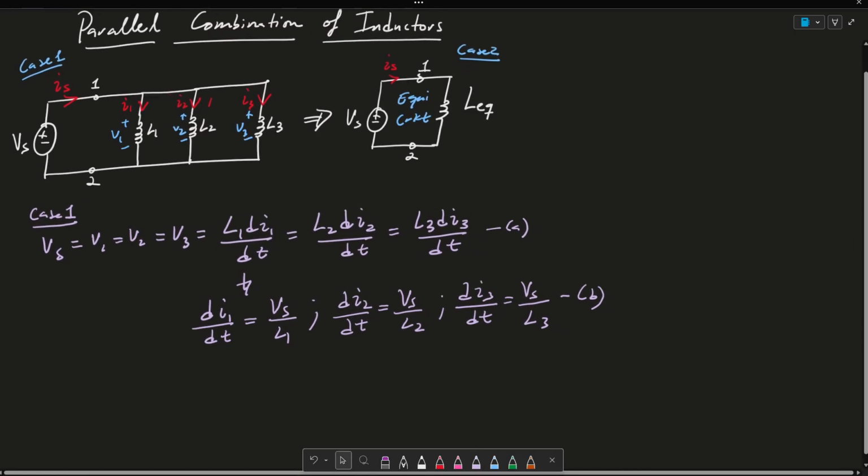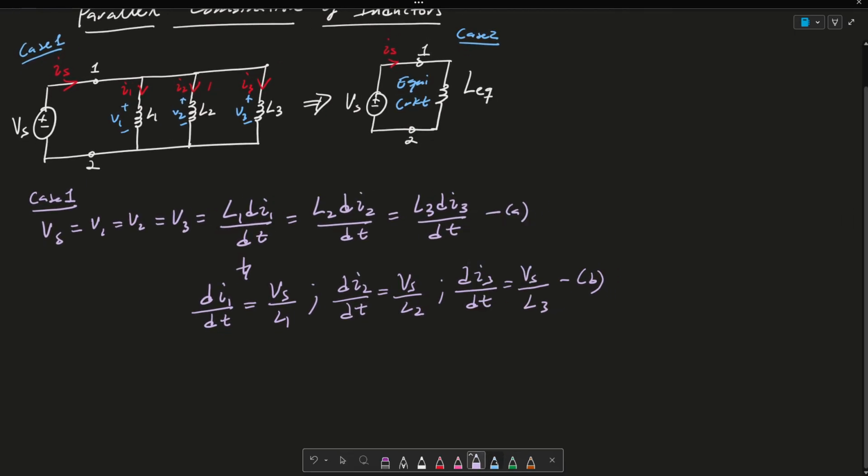Okay. So another thing I want to write is my equation for my current, right? So I can say that Is, the current entering this node right here, is equal to I1 plus I2 plus I3. Let me call this equation 1.